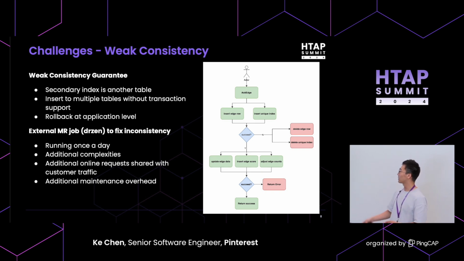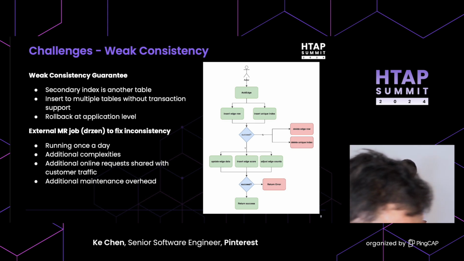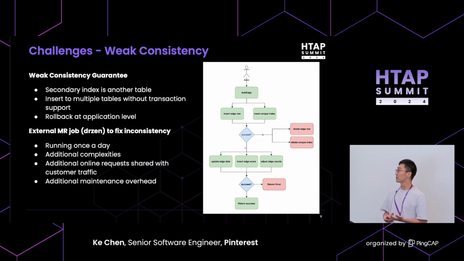Every green box here is either an insert or an update to a specific table in HBase or MySQL. As you can imagine, there could be many failure scenarios here and there that cause data inconsistency issues. For example, the data could be in the source table, but not in the indexing table, or vice versa.